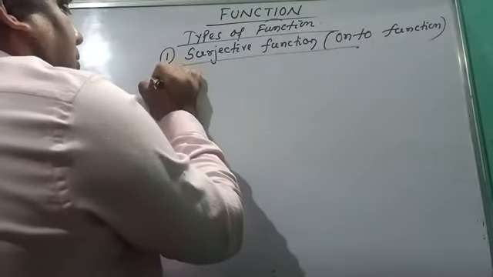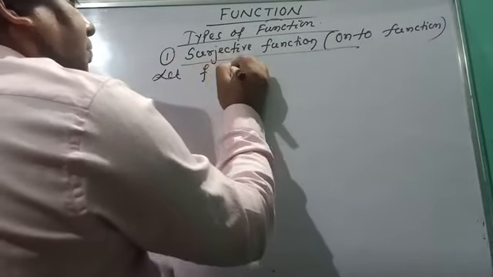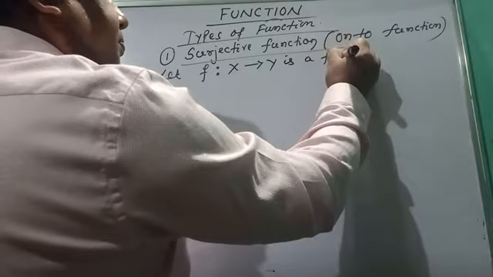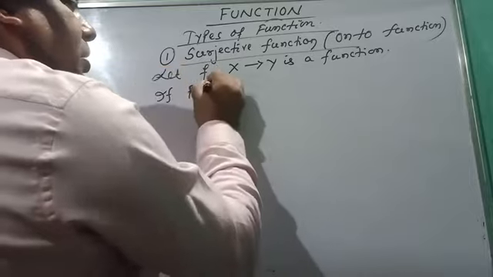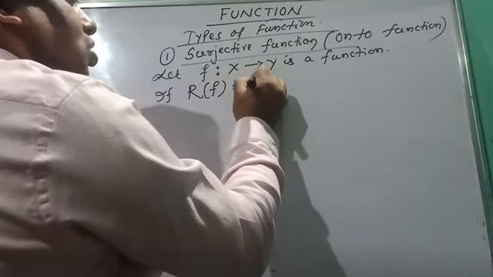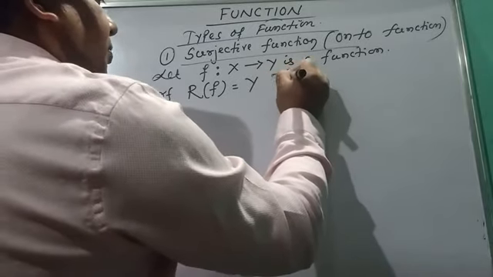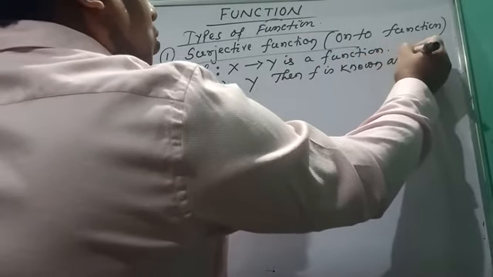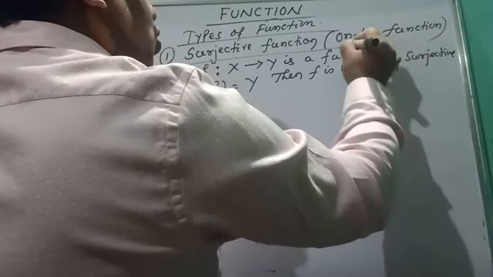Let F be a function from X to Y. If the range of F is equal to the entire Y set, then F is known as a surjective function, or it is known as an onto function.